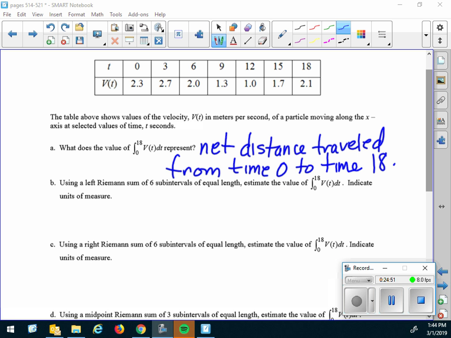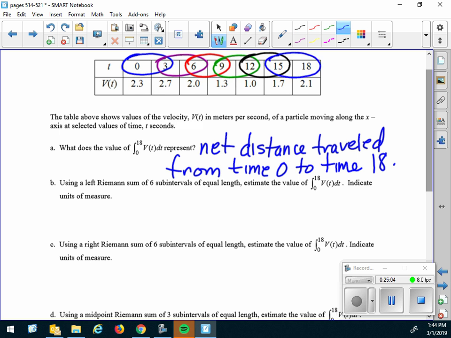Well, your 6 subintervals: 1, 2, 3, 4, 5, 6. There are your 6 subintervals. Now it said 6 subintervals of equal width. Do all of those subintervals have a width of 3? Yep. We're doing a left Riemann sum.